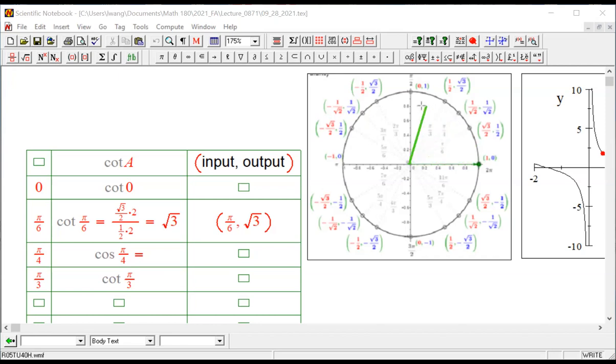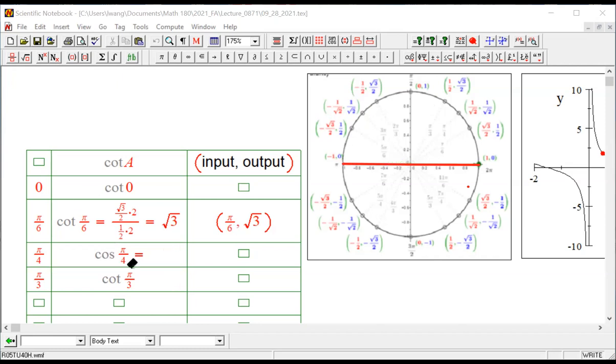So these are situations similar to the tangent situation. You can only go very close to 0 and all the way here, but not touching pi, because there's something forbidden there. Forbidden. Not in domain.